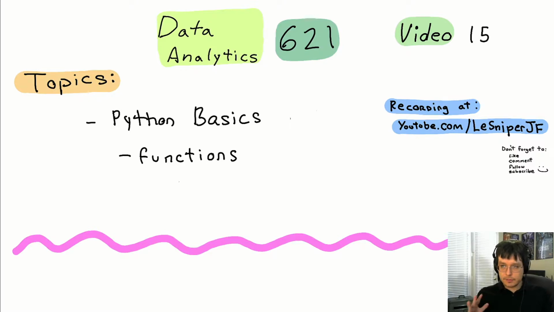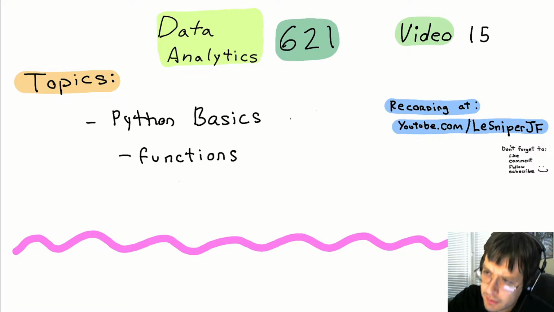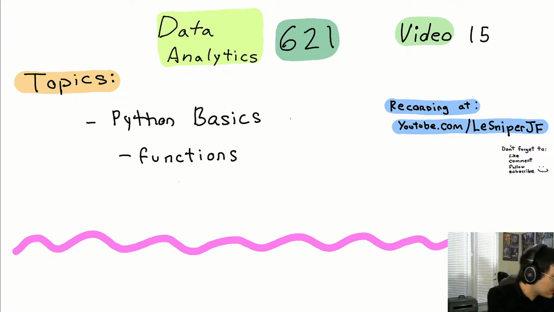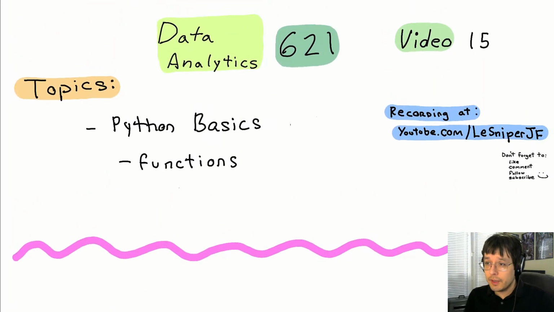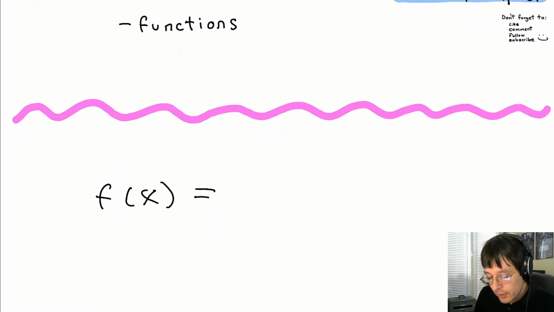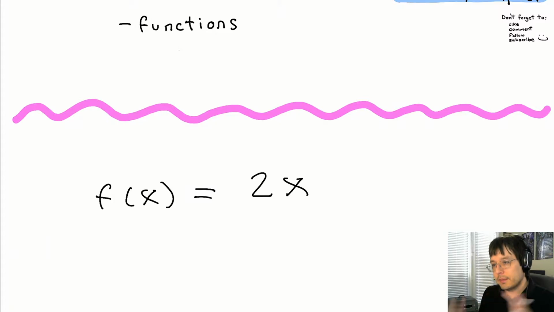And so let's think back to math. Since the first time that I talked about functions in one of the first videos, I was referring to them using the mathematical version of a function, which is like f of x. So we have f of x is equal to 2x, right? That's a function, and what that function is doing is it's taking the value of the input, which is going to be x, and then it's doing something to that input.